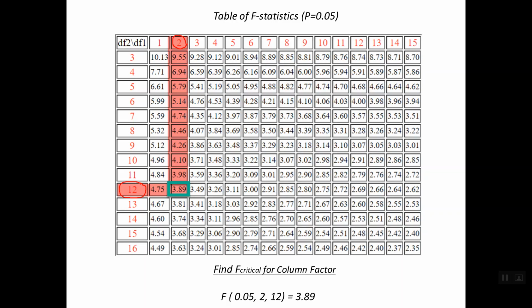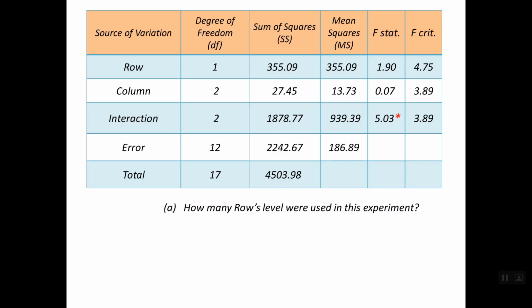So the value of the F for 0.05 and degree of freedom 2 and 12 is 3.89. So by this, all of the needed records have been calculated and filled inside the two-way ANOVA table as we see here.